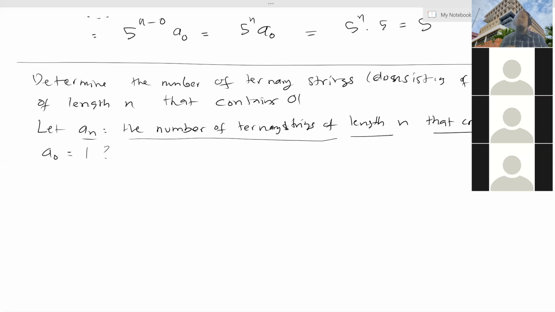So it means 0. Yes, it has to be 0, right? Because we define a_n always in terms of what we want to count. Not a_n as the number of ternary strings of length n, but the number of ternary strings of length n that contains 0, 1. So it has to be the ternary strings that meet the criteria. All right, so the answer is 0.